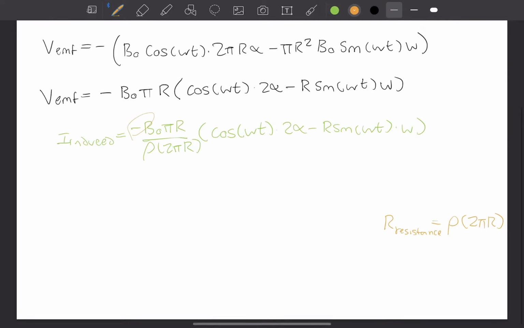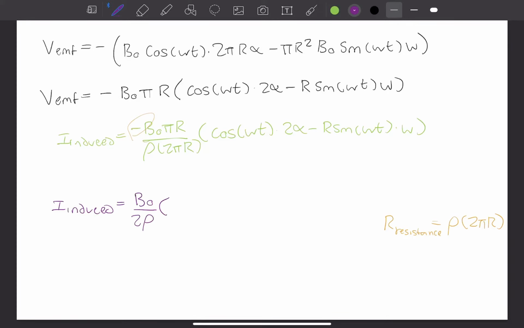And so, finally, we can write that our I induced is equal to B naught, and we can cancel out the pi and the r, times 2 rho times cosine omega t times 2 alpha minus r sine omega t times omega in the clockwise direction.